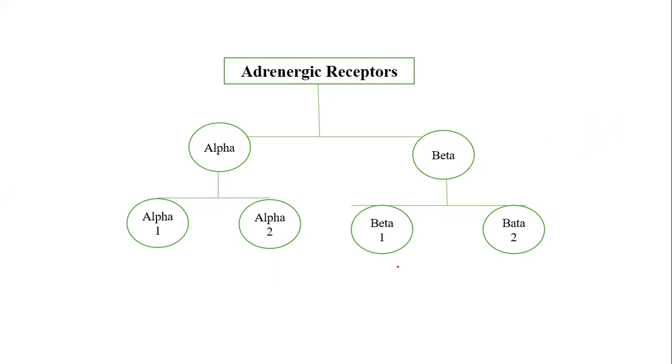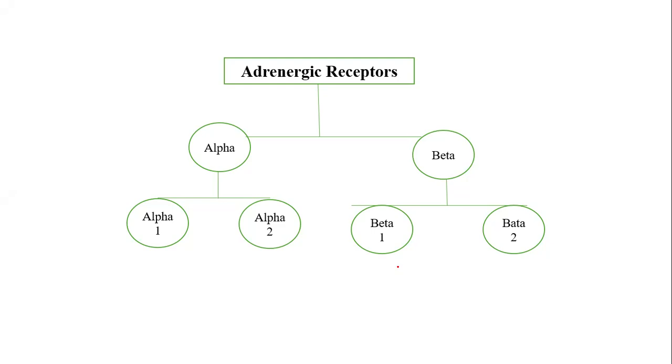As we talked about the sympathetic nervous system and parasympathetic nervous system in our previous session, this is the division of the sympathetic nervous system, and these are the receptors. These receptors are located in the body in different areas. I'm going to talk about the location of these receptors in upcoming slides.